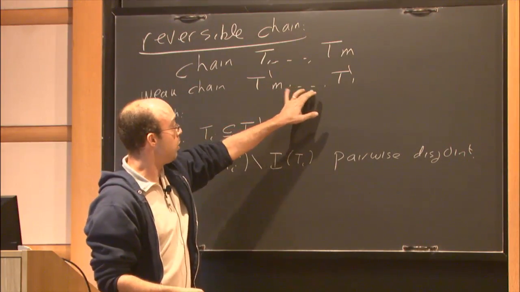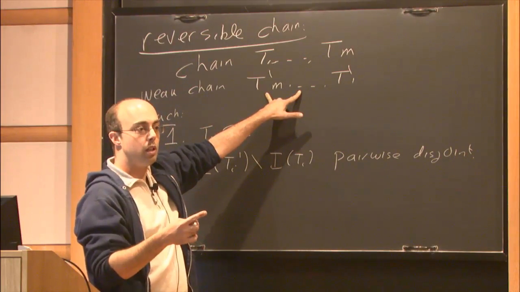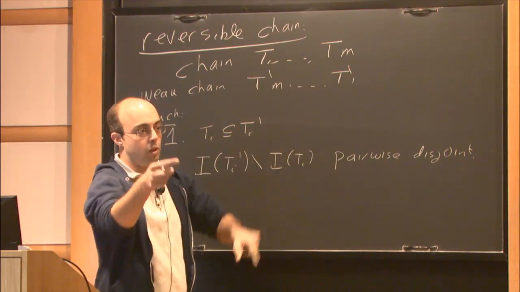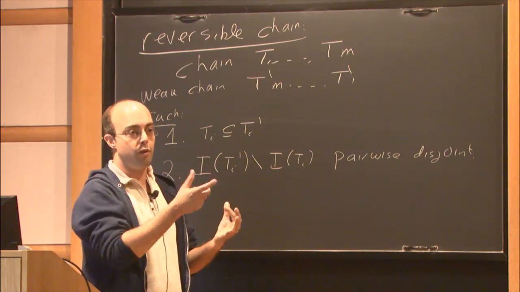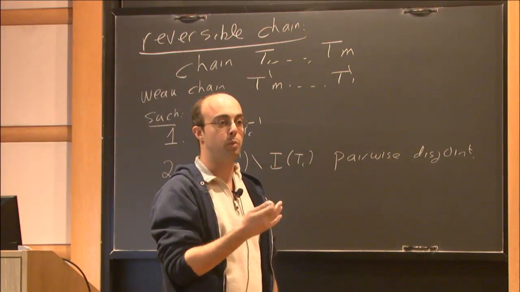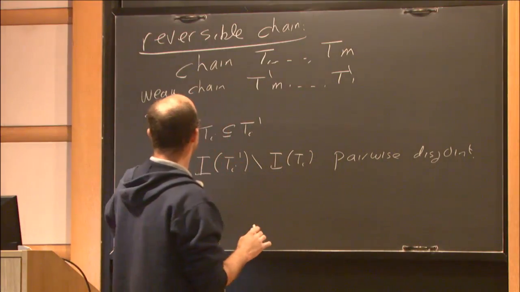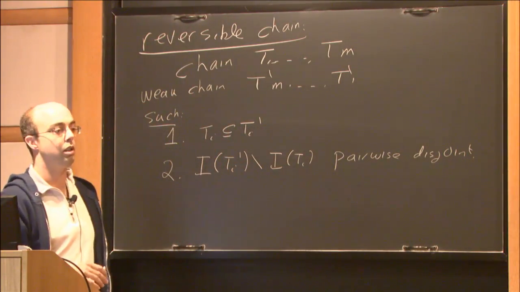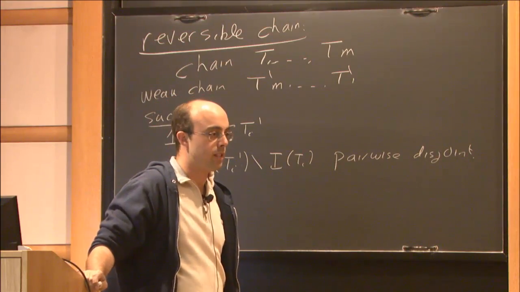To move to the next one, we might move to this larger cube of Tm and Tm minus 1, and then move to Tm minus 2 prime, and so on. So we still have this chain, but we might need to change more and more of the variables as we go along. So it gives us a path, but it's not clear it's a short path. I want to prove to you it's a short path. It's not a priori clear. Okay? And this second property is going to be important for that. When you say go back to T1 prime, yes.